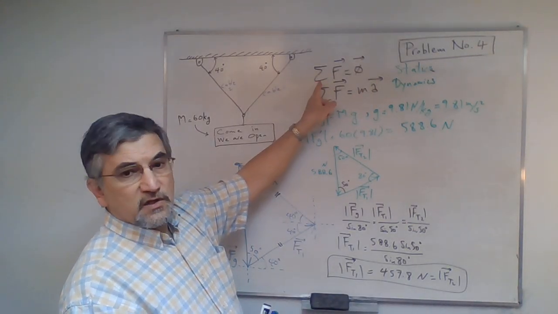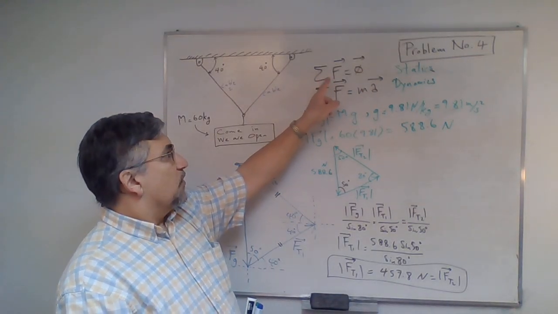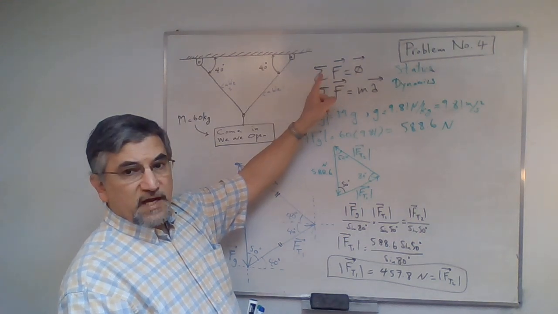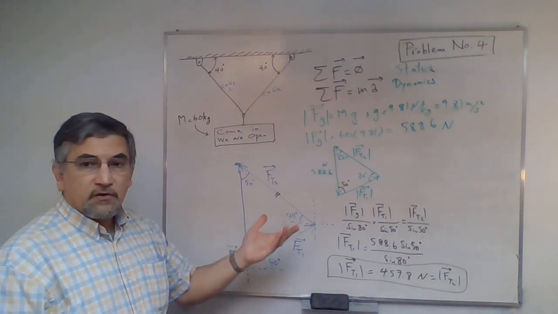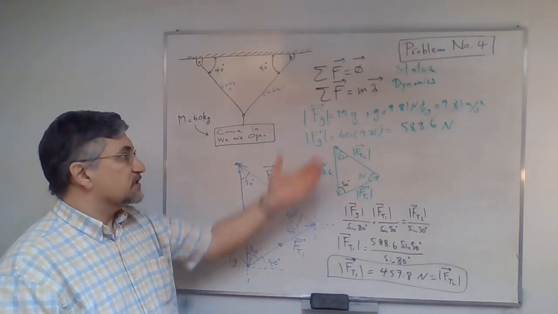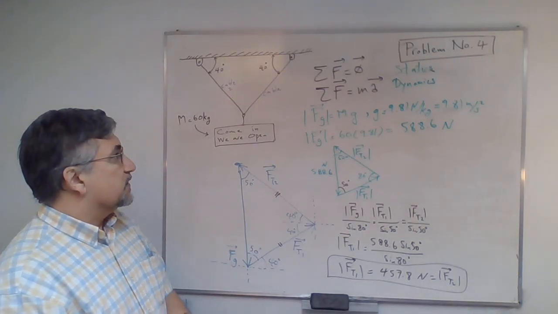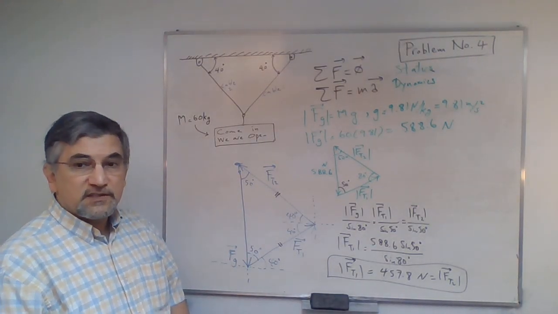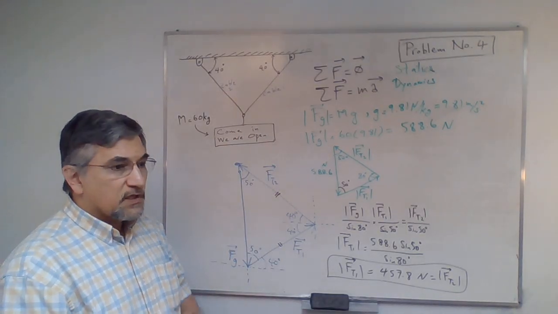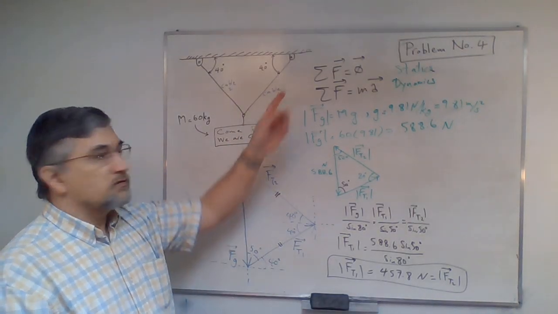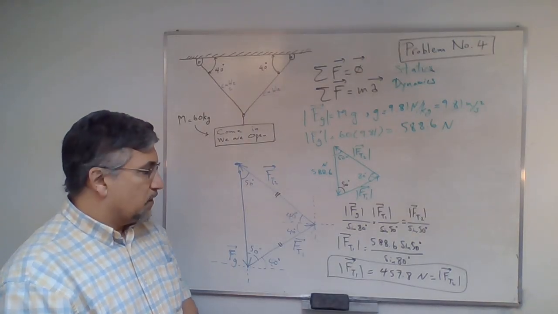The resultant of all the forces acting on the object is equal to 0 because there is no motion involved. Acceleration is 0. And the sum of all the forces acting on the object, including force of gravity, tension force, or any other forces, must equal 0.